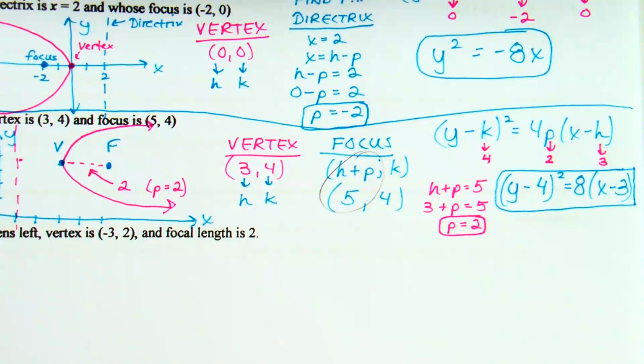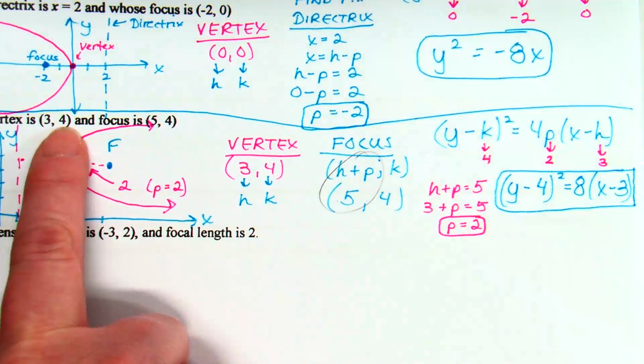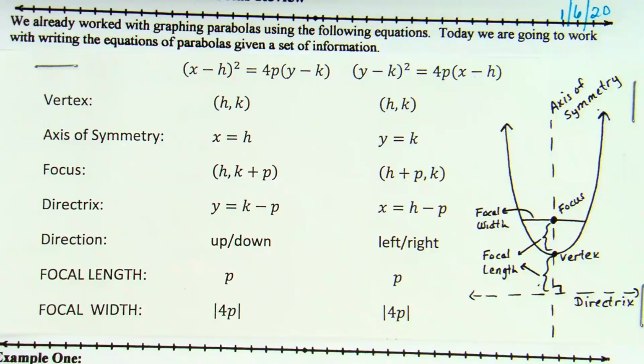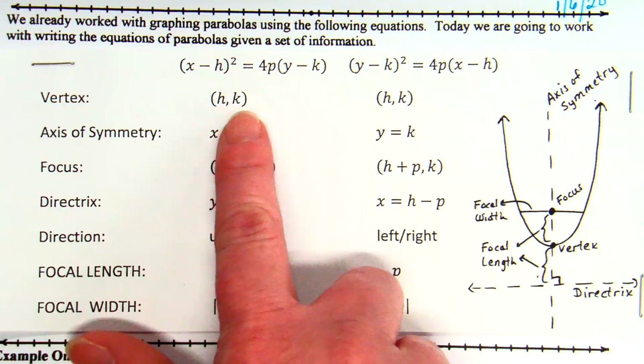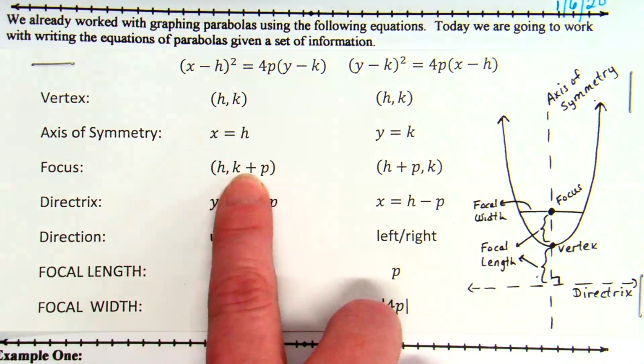Another way, if I wouldn't have drawn a picture, and I don't know how you guys are feeling about my pictures, whether you love them or you hate them, but notice my vertex and focus. They both have the same y value, yes? So another connection up here is, if I look up here, vertex is (h, k), right? Focus over here is (h, k plus p).